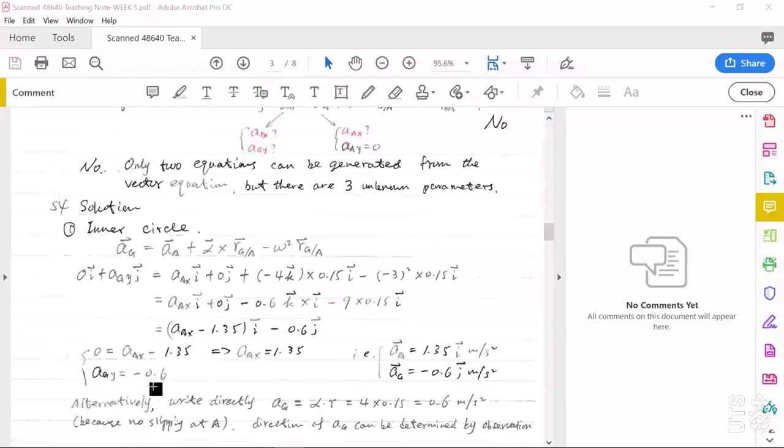So actually, we don't need this vector calculation. If you remember the conclusions, you can express AG and AA directly, because A is an IC point. But if you don't remember the conclusion, you still can solve this problem. Just do this vector calculation, just do this relative acceleration analysis.